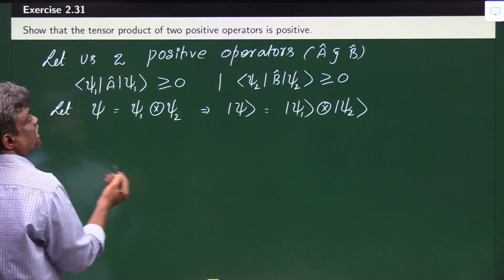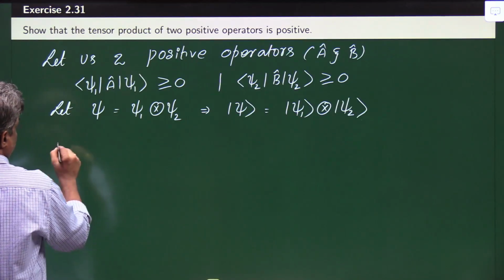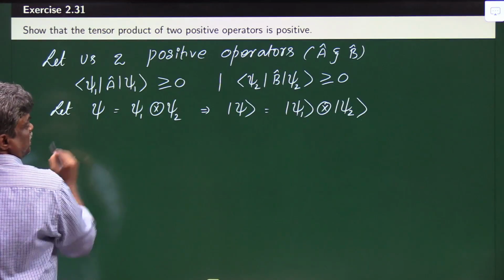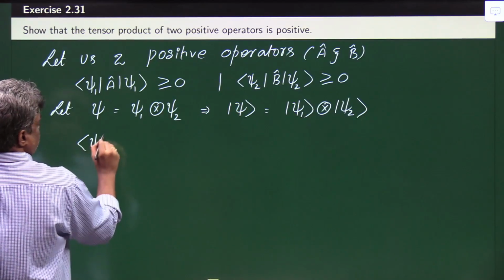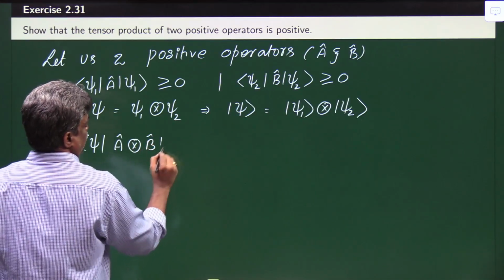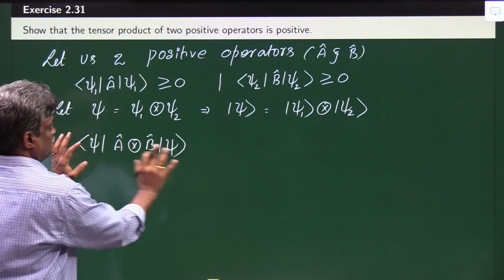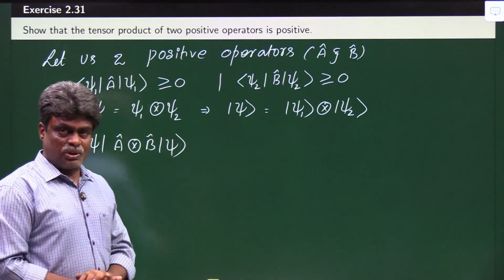So for this combined state I am taking ⟨ψ|A tensor B|ψ⟩. Now I have to show that this is positive, that means this must be greater than or equal to 0.